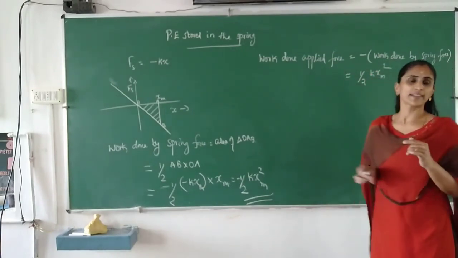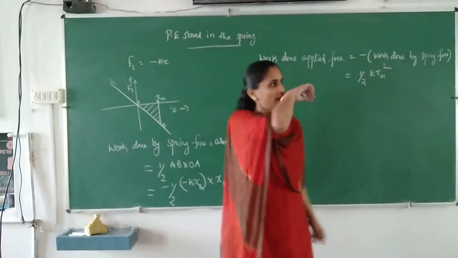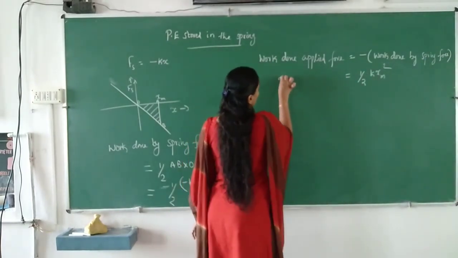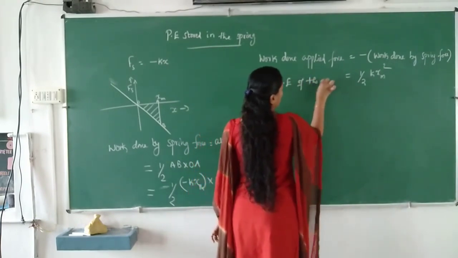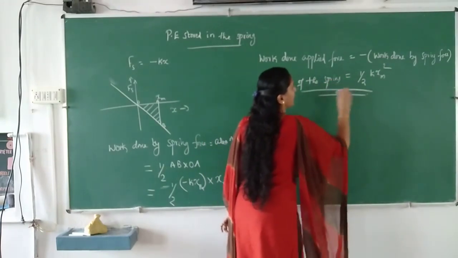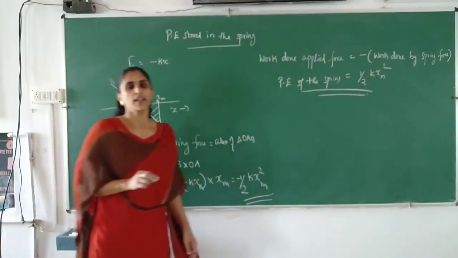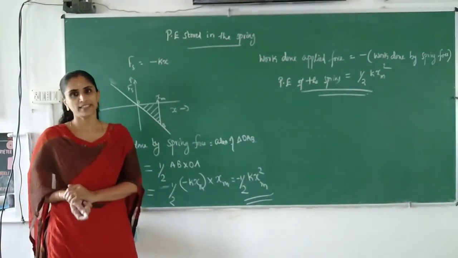This work done will be stored as the potential energy. So the potential energy of the spring can be written as half kxm square.